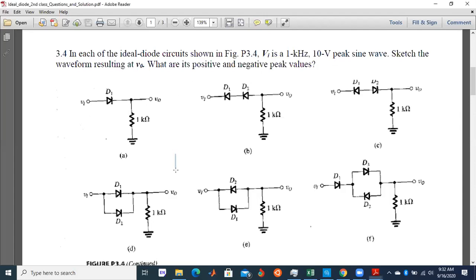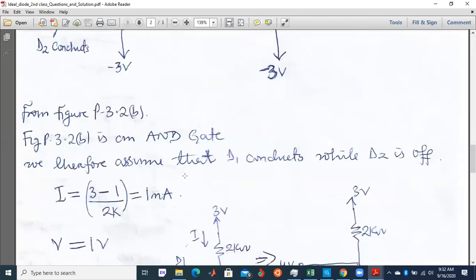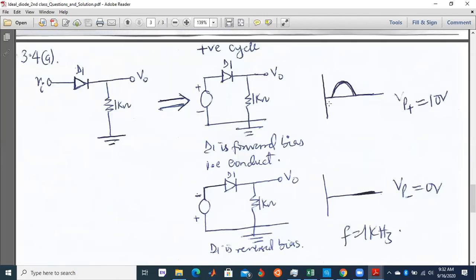That is, the waveform will look like this. Let me show you the output wave. We have something like this. That is the peak value. You have to write it out.